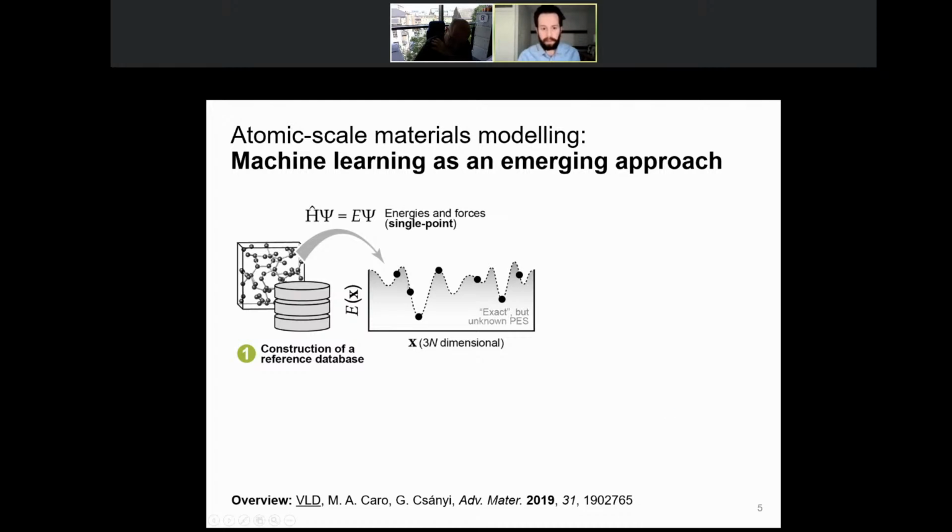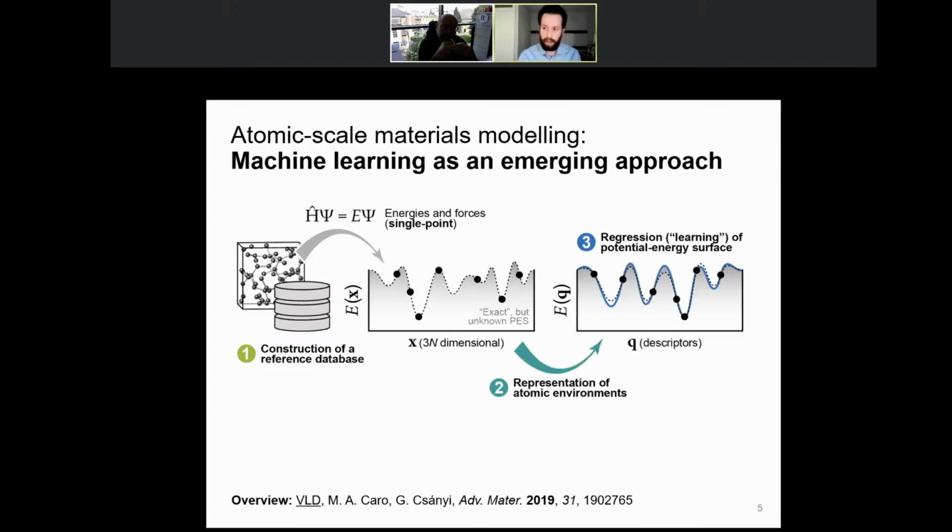So essentially, you need three ingredients for machine learned force fields. First of all, you need data. You need properly chosen reference configurations to which you make the fit. And because you only need a few hundred or thousand of these configurations, you can evaluate them accurately with a quantum mechanical method. Once you've built this database, you need a way to describe the atomic structure.